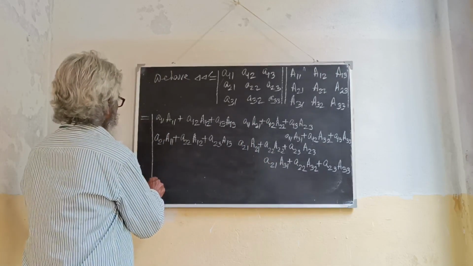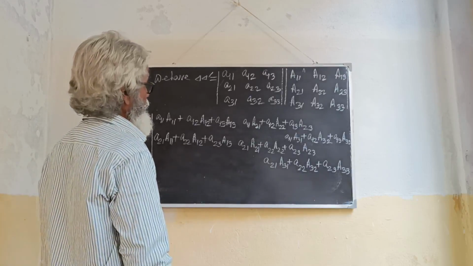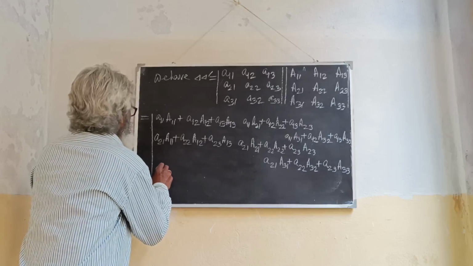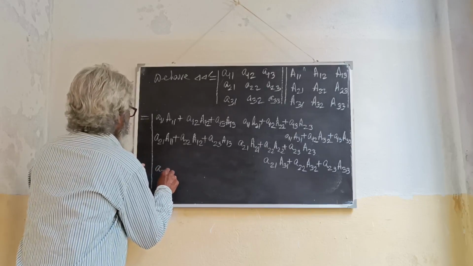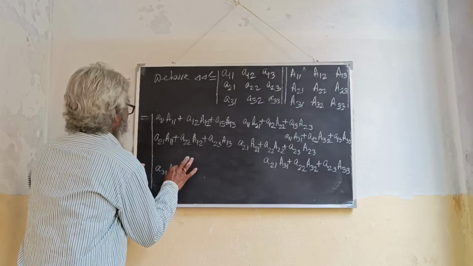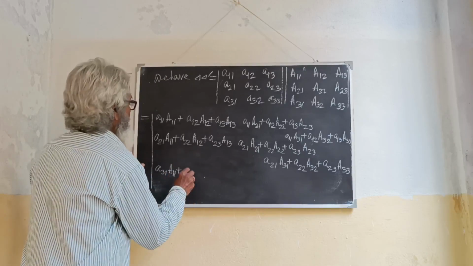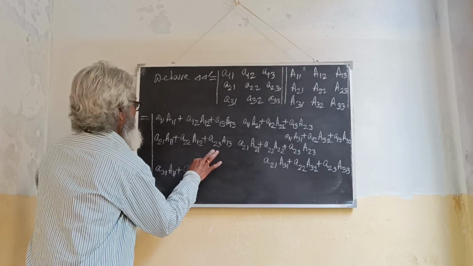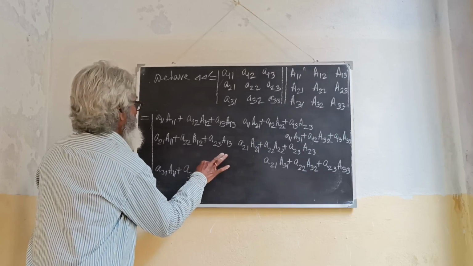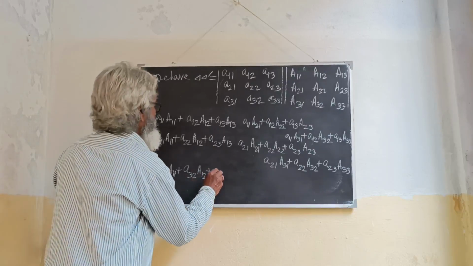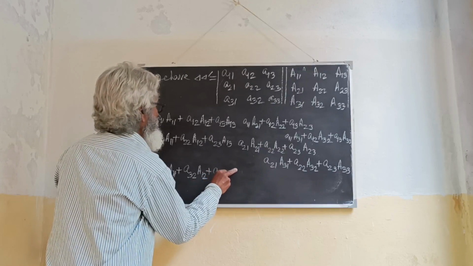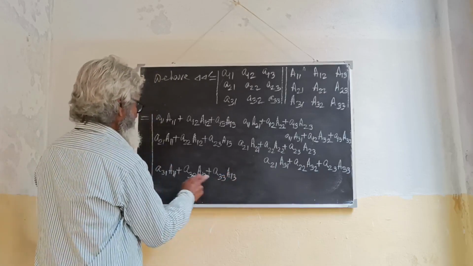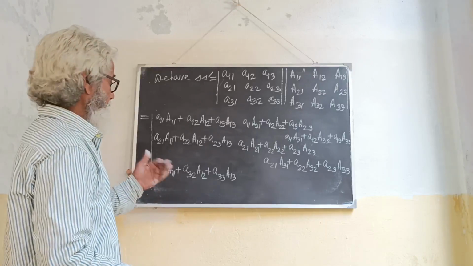Now we proceed for third row. A31 A11 plus A32 A12 plus A33 A13. This is the first element of third row.